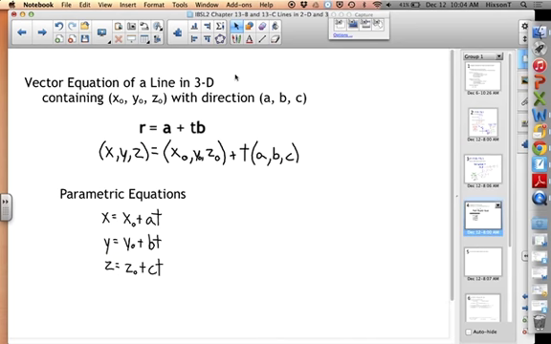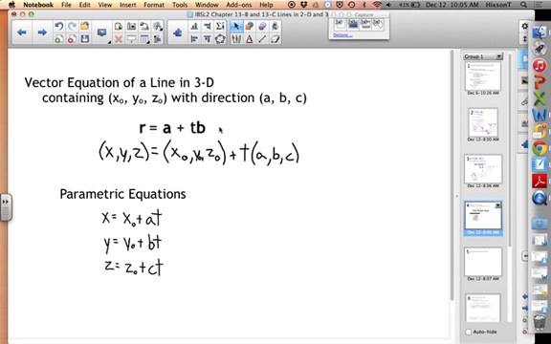In 3D, which is really real life, which is 4 dimensions, right? We have 3-dimensional space along with time. We have the same vector when it's written this way, r equals a plus tb.